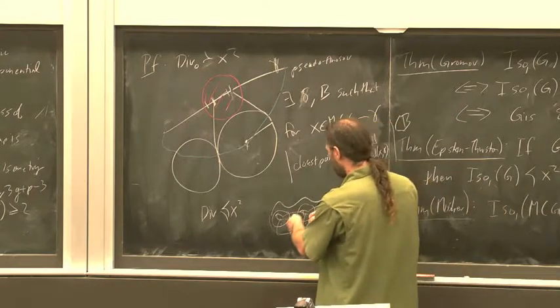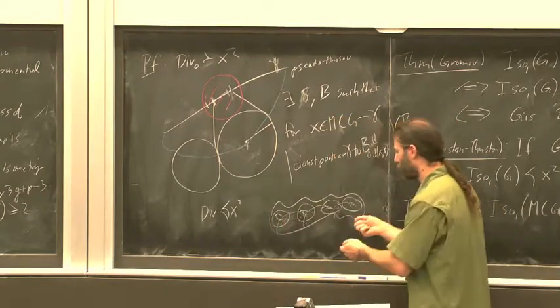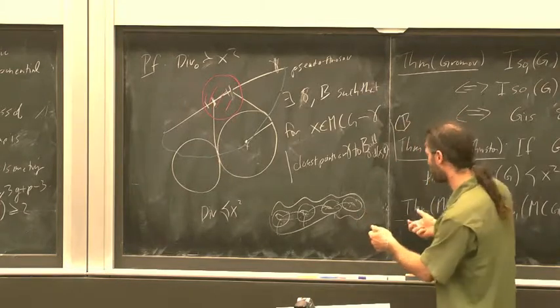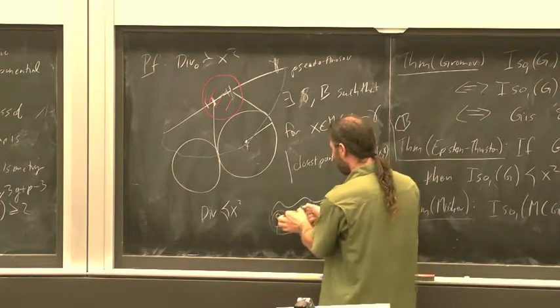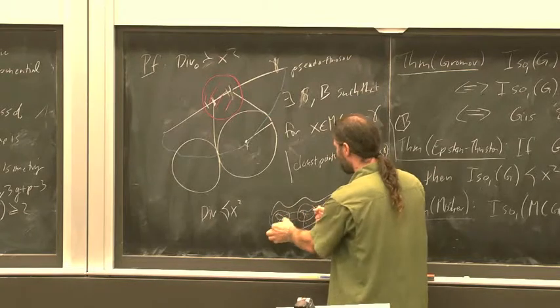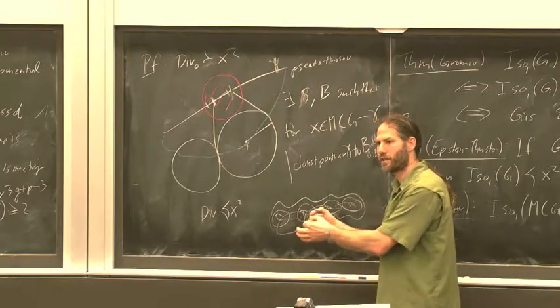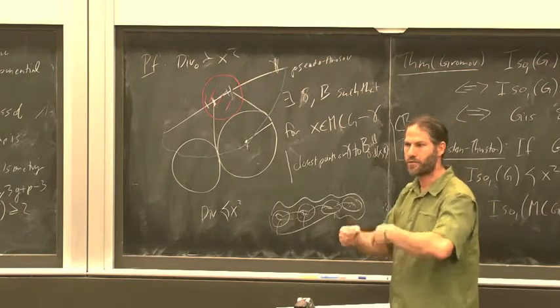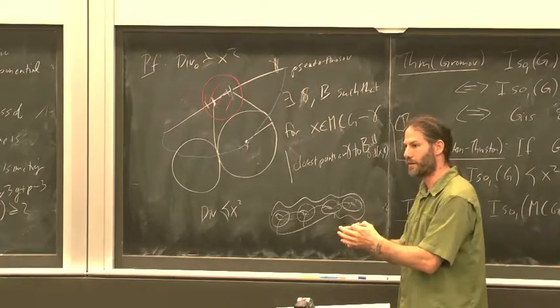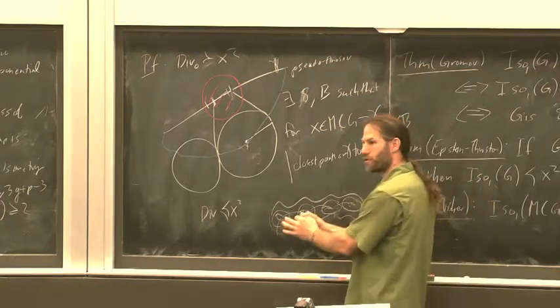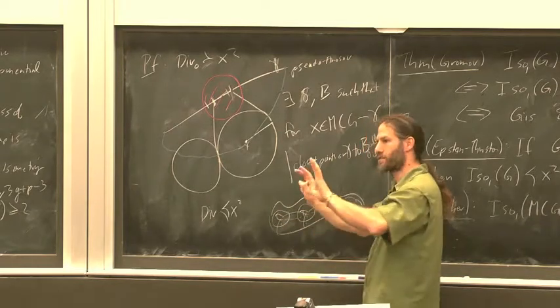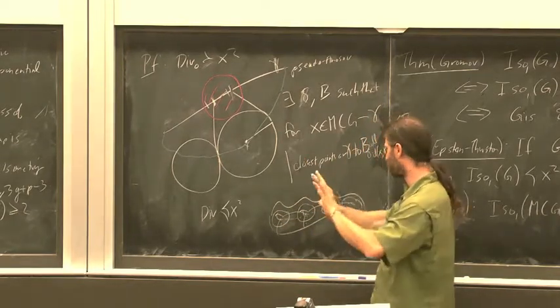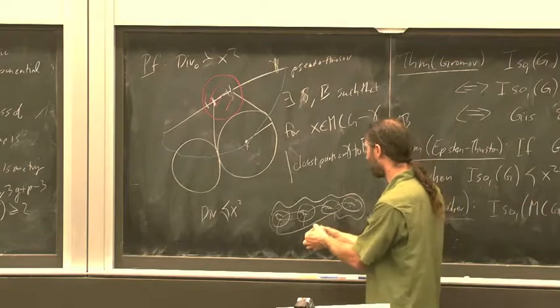Now, what nice property does this collection of generators have? Any two of these curves are either disjoint, in which case they span a free abelian subgroup, and in fact those free abelian subgroups are quasi-isometrically embedded. So either they're disjoint and they sit inside something that looks like Euclidean space inside your group, or they intersect.